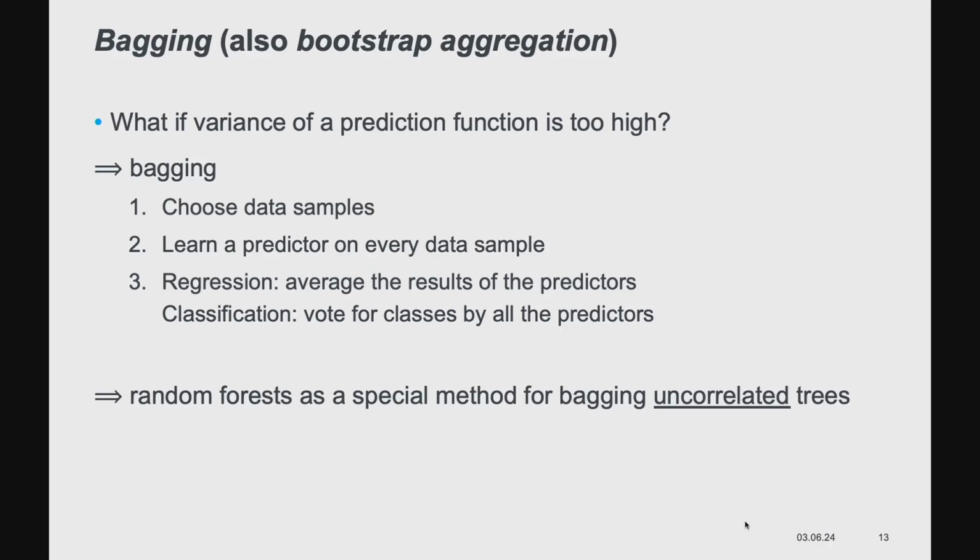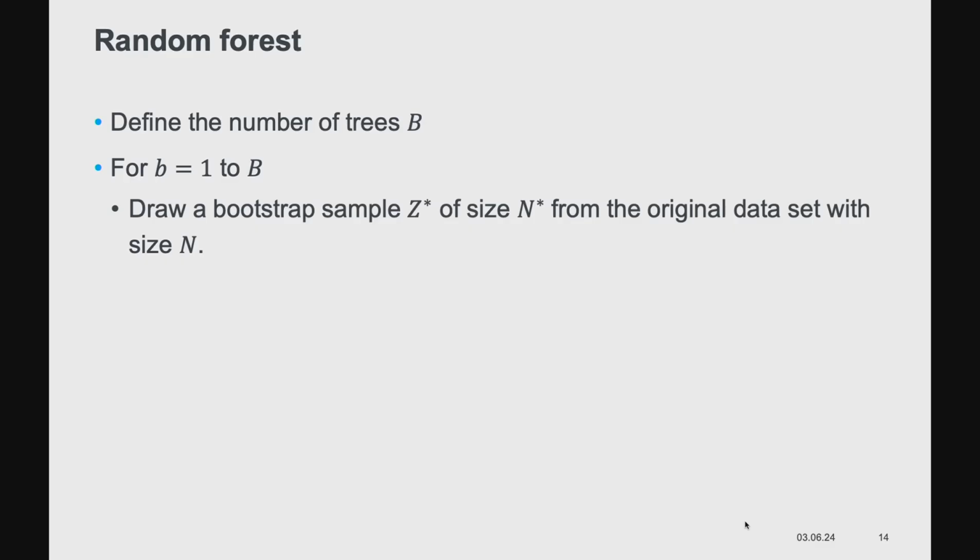So random forest is then a method for bagging uncorrelated or almost uncorrelated trees. More specifically, define a number of trees, and then we go over this number. This is more specific than the previous slide, but otherwise the same. We draw a bootstrap sample Z star of size n star from the original data set with size n.